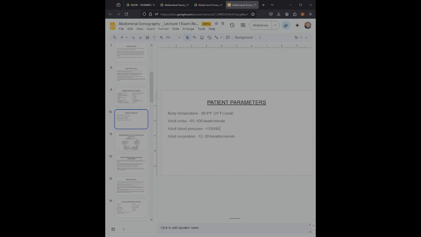Although departmentally the cutoff might end up being 140/70. But ideally you want patients who have around 130/70 blood pressure. Adult respiration, 12 to 20 breaths a minute.